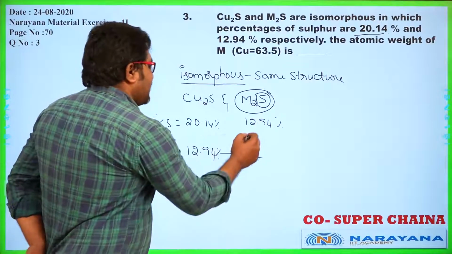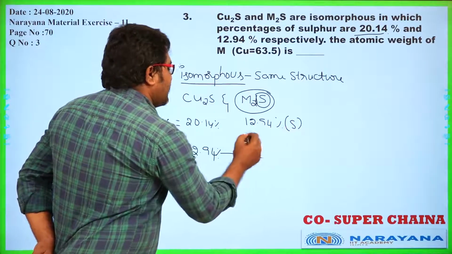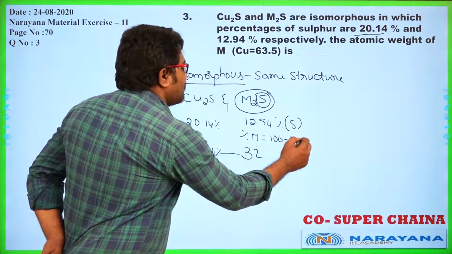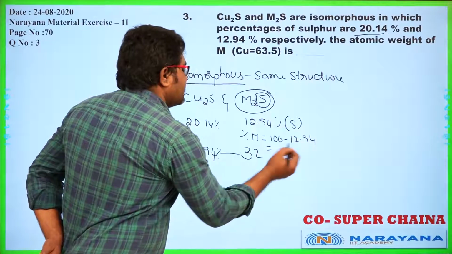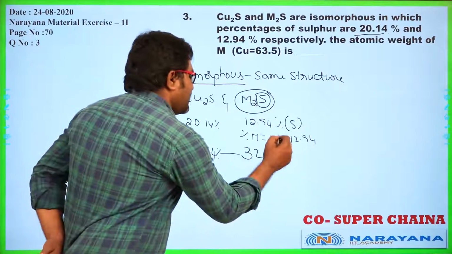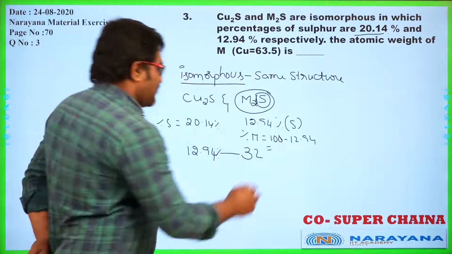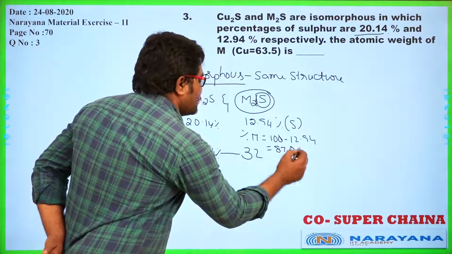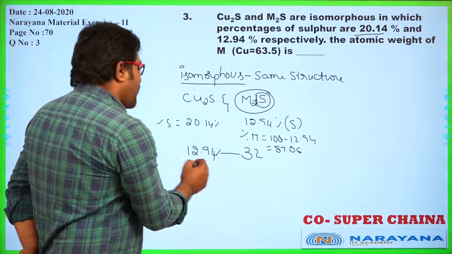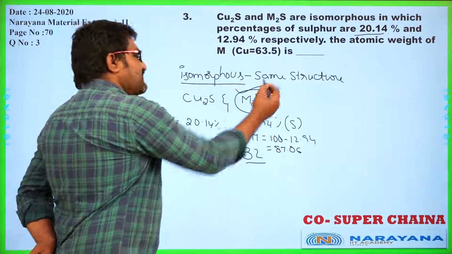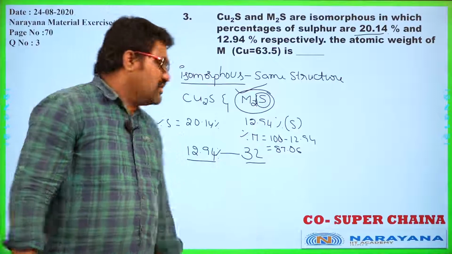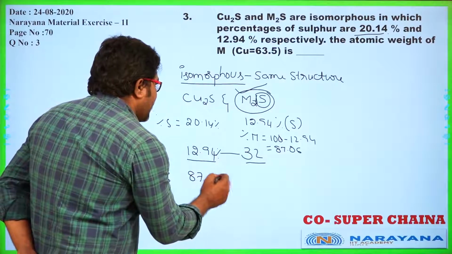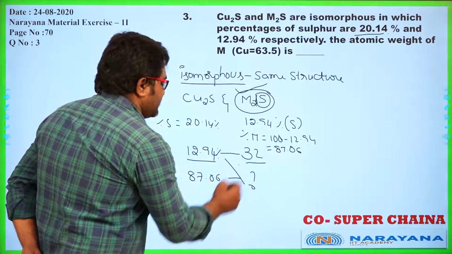The percentage of M is 100 minus 12.94, which is 87.06%. If the weight of 12.94% is 32, as we know the molecular formula of the compound, then we can calculate the weight of the remaining 87.06%.